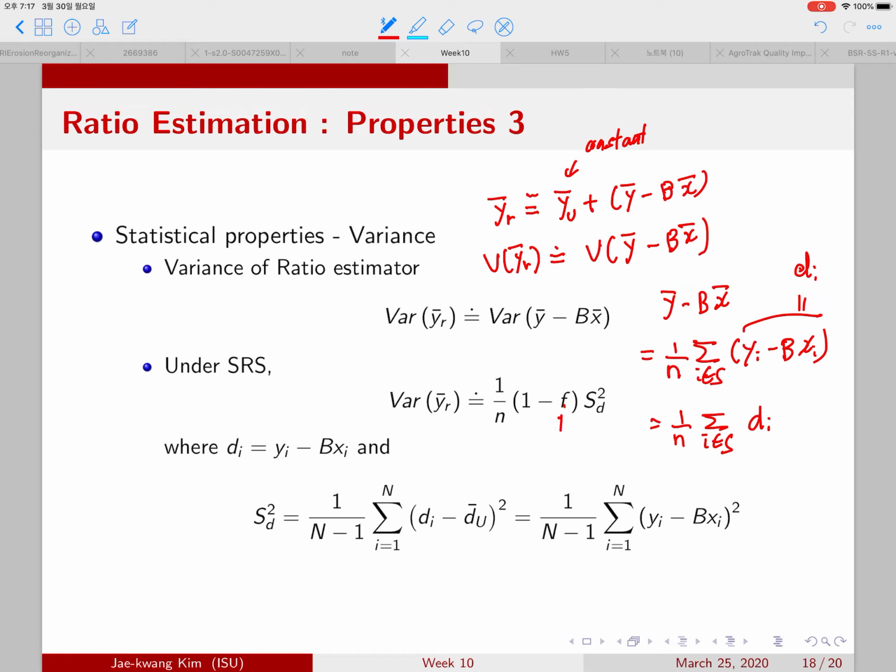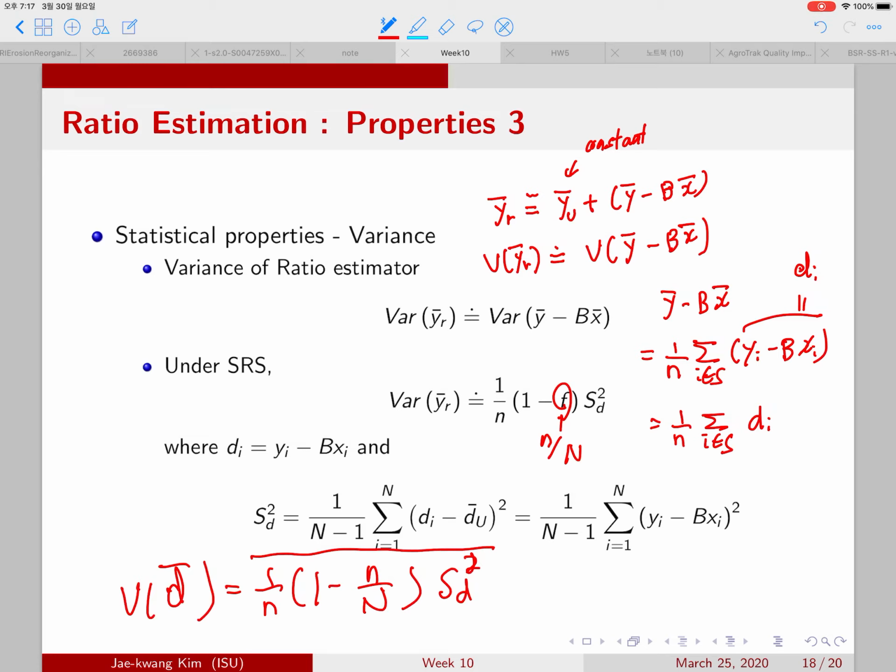So f is n over N, and so the variance of d bar, essentially, is 1 over n, 1 minus n over N, s_d square, and s_d square is this. By the way, d bar U is the summation.